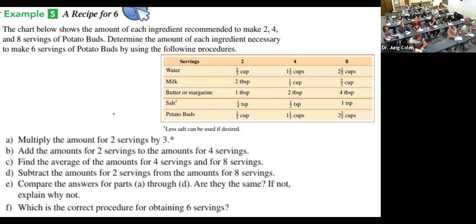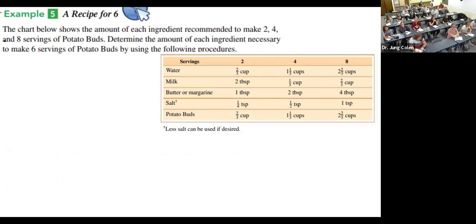But my question is, I want to make 6 servings. But in this chart, I am given only 2 servings, 4 servings, and 8 servings. So 6 servings goes in between 4 and 8 here.